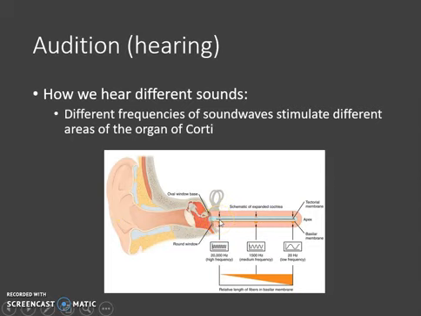actually as you get older, you typically lose the higher frequency of your hearing. So humans can typically hear from 20,000 hertz to about 20 hertz. So 20,000 hertz is a very high pitch. 20 hertz is a very low pitch. And as we get older, we start to lose the ability to sense these higher frequencies.